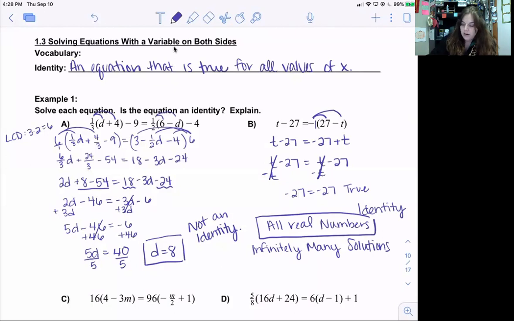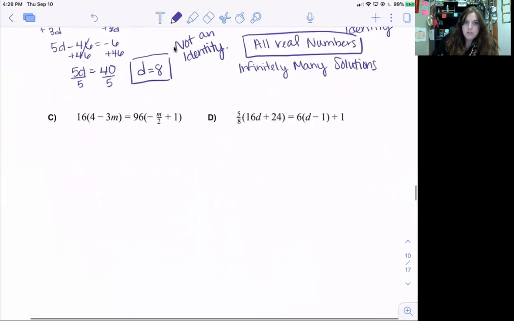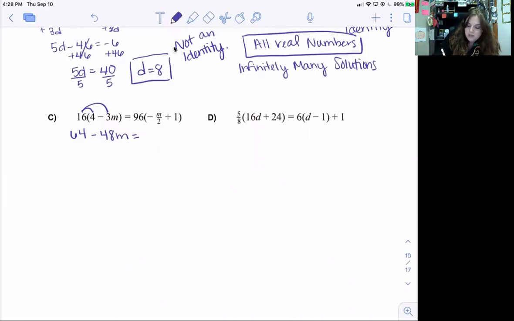Okay. All right, looking at C now. We're going to do the same thing. So we're going to start off with distributing. So we have 16 times 4, which is 64, minus 16 times 3m is 48m, which equals, okay, distribute our 96. So we have 96 times negative m over 2, which is going to give us negative 96m divided by 2.